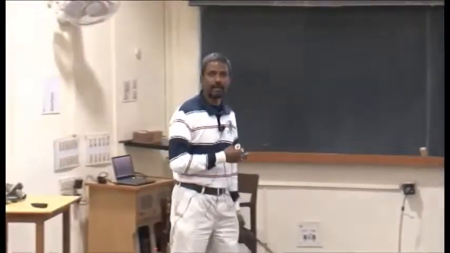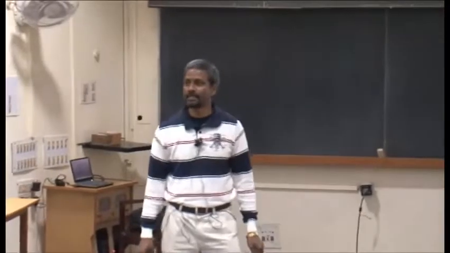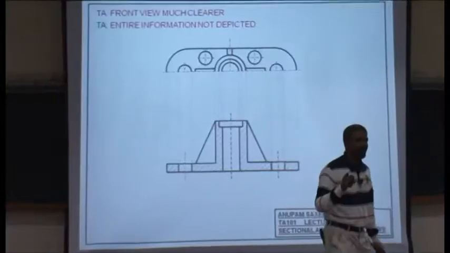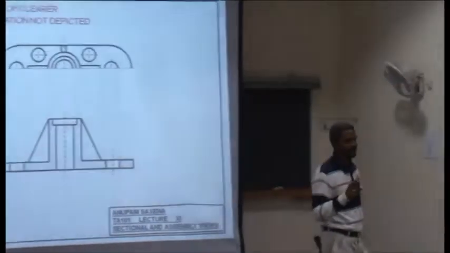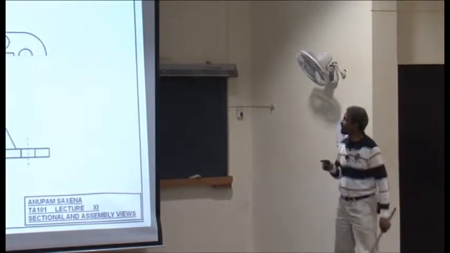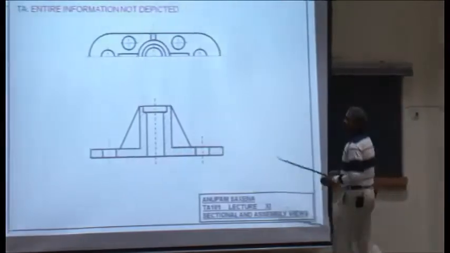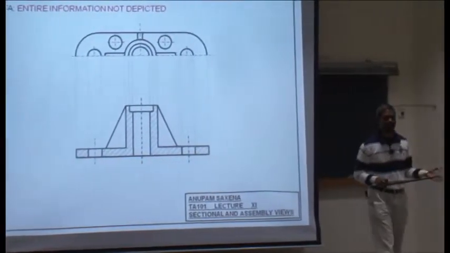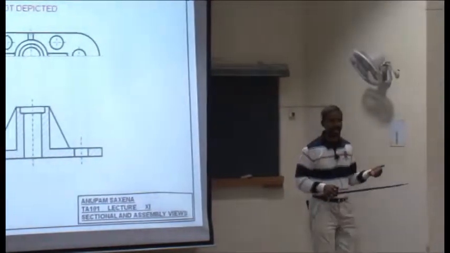Of course, you would agree that the front view is much clearer. You would also realize that the entire information is not depicted. So I'm going to be making a statement here. Be careful. Section views are nothing but a trade-off between clarity and information.